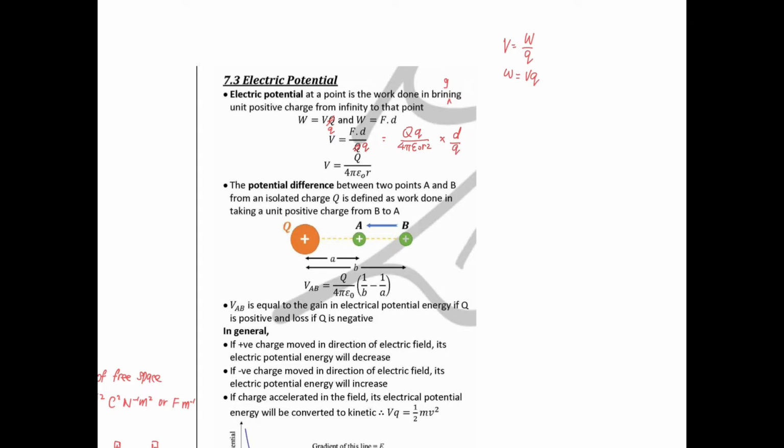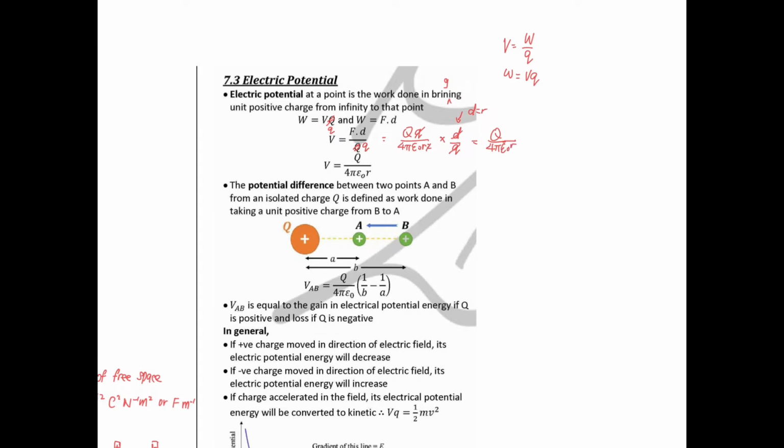So we have to know what is meant by that D. The D is actually the R. Okay, so that's why we can cut away the D and the R. Okay, so D is equal to R, so we can cut it away. And then we can cut away the Q also. So that's why at the end you have Q over 4 pi epsilon naught R.